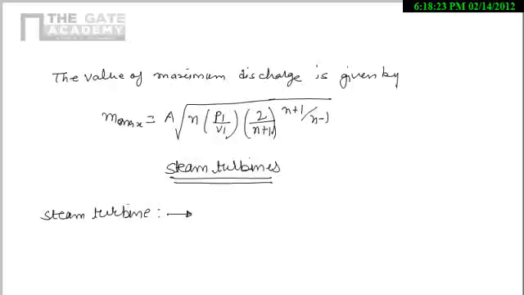The difference between the nozzle and the turbine is that in a nozzle also the enthalpy is converted into kinetic energy, but in a steam turbine this kinetic energy is then converted into mechanical energy of rotation of the turbine shaft.